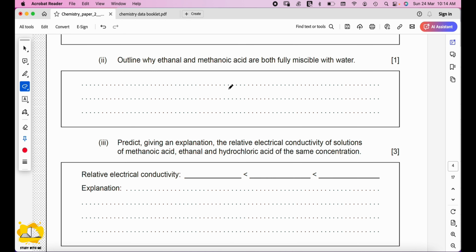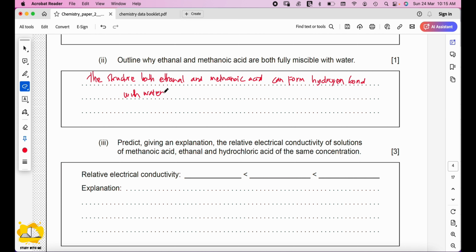So the reason will be the structure: both ethanol and methanoic acid can form hydrogen bond with water.